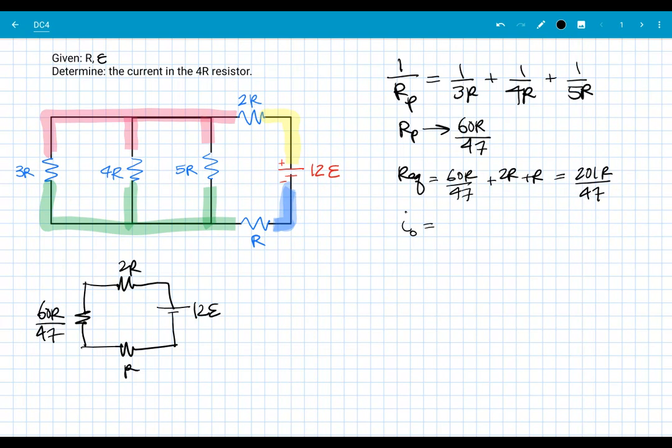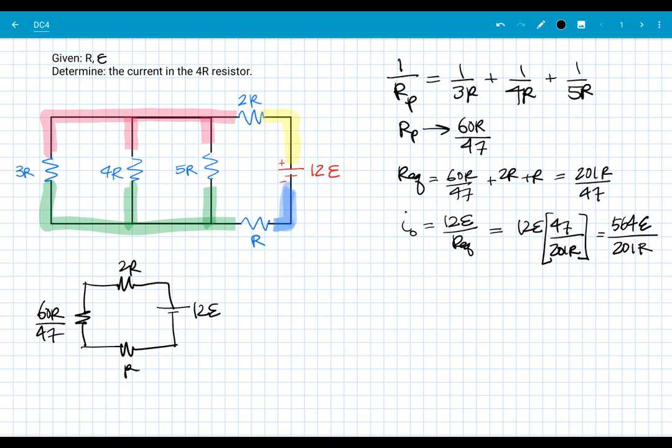That's going to be just the EMF divided by the equivalent resistance. So that's going to be 12E multiplied by 47 over 201R, which gives me 564E over 201R.